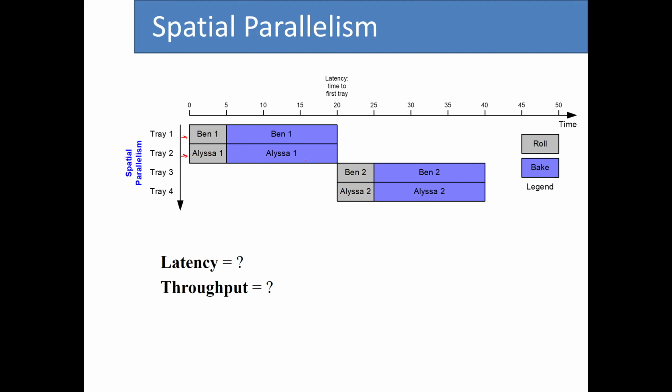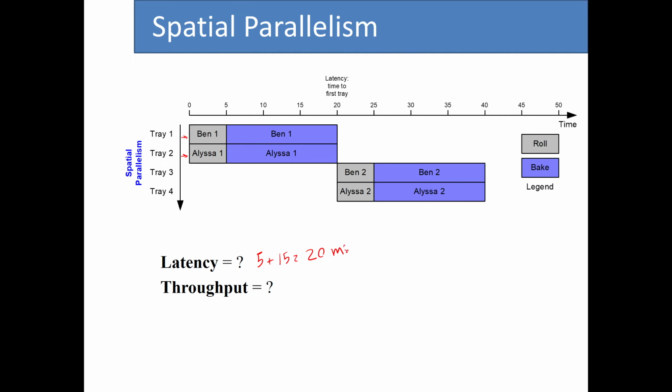What is the latency for each tray now? Each tray still takes 20 minutes to be prepared because we still need 5 minutes for rolling the cookies and 15 minutes for baking them.